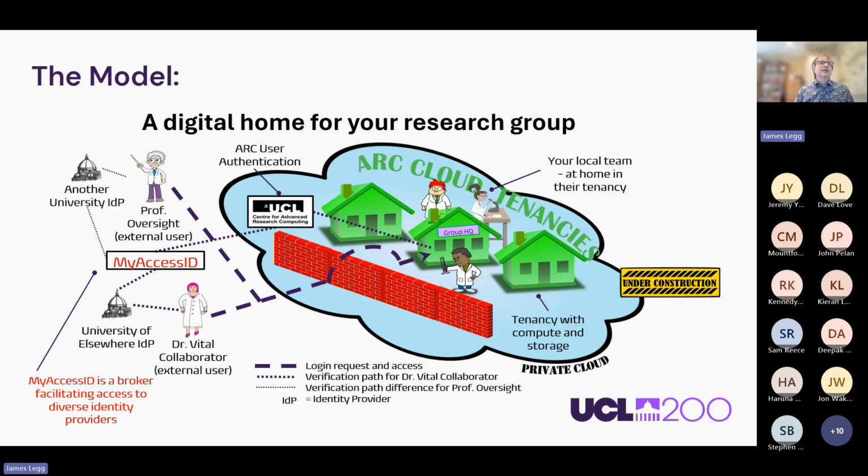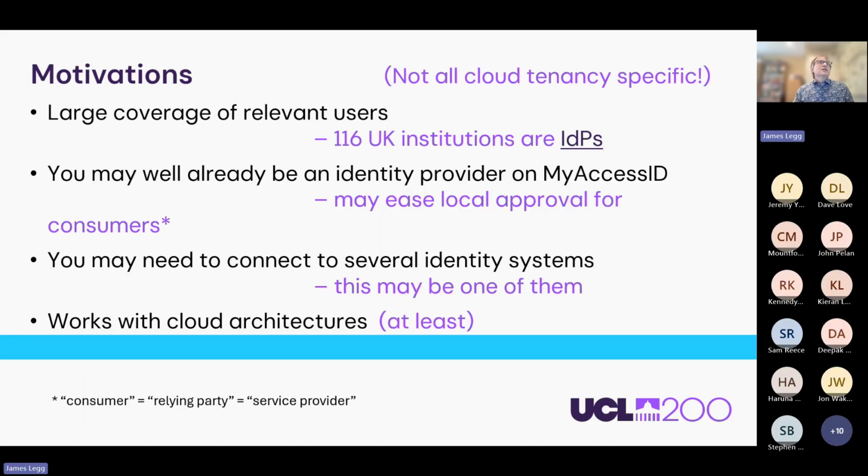We've been hearing about identity providers, so MyAccessID channels identities from university identity providers that we can then use, and this is what we're focusing on: consuming those identities to authenticate people's access into the tenancy. So why use MyAccessID?